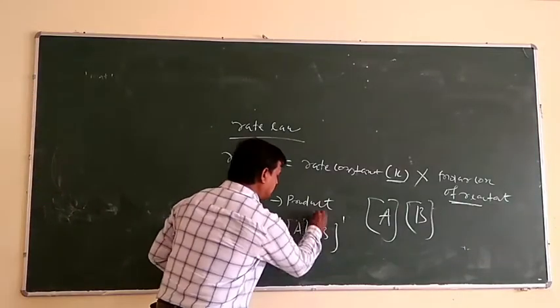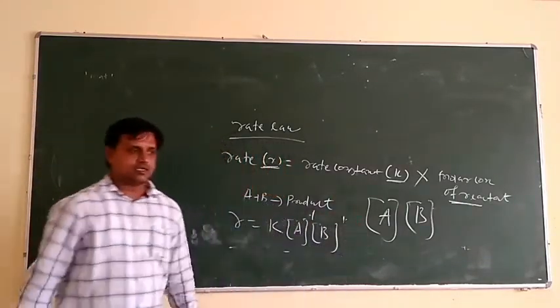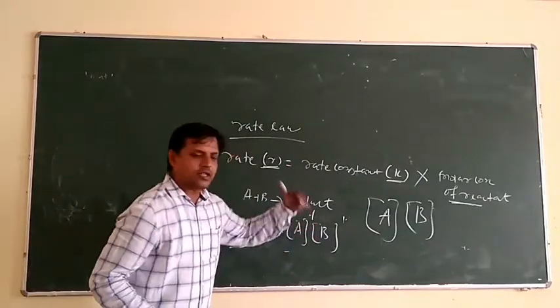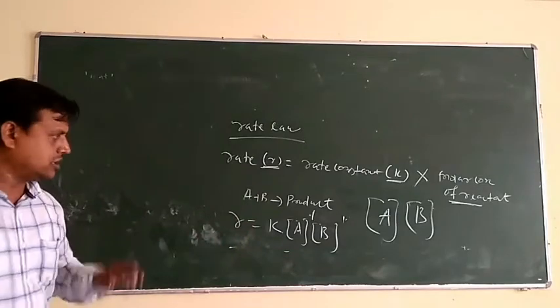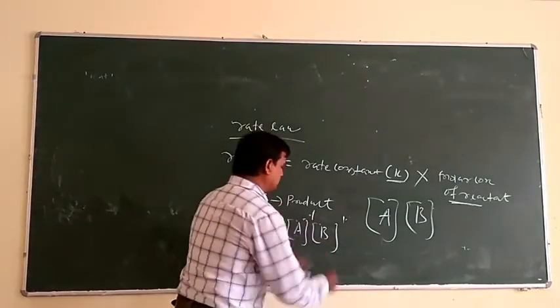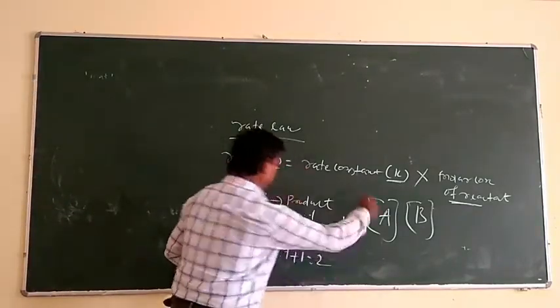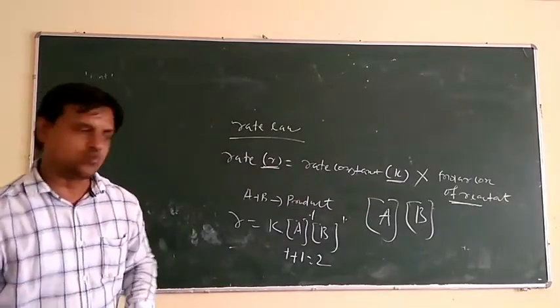How can you calculate the order? Sum of the powers. Powers of what? Of the reactant molar concentrations. So 1 plus 1 equals 2. Order is 2.